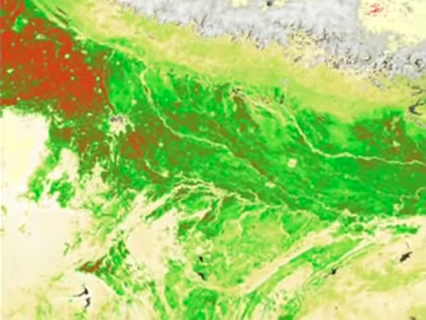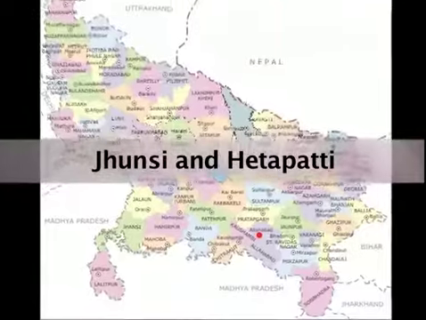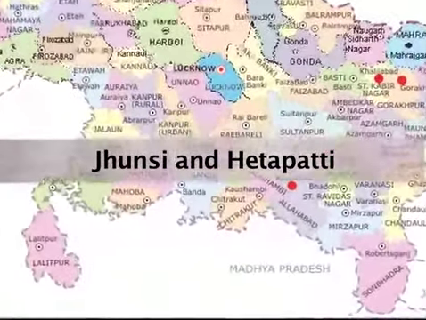With this, now we turn to the neighboring region of Mid-Ganga Valley, where a huge amount of work has been done. Now here, which are the most important sites? Again, there are hundreds of sites. A few have been taken up or were taken up for excavation. Among these, I would like to mention Jhunsi and Hetapatti in the Allahabad district.